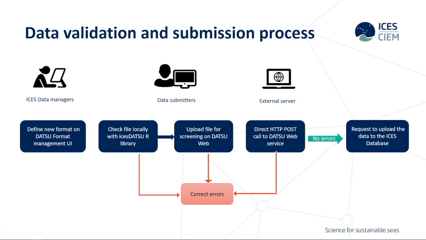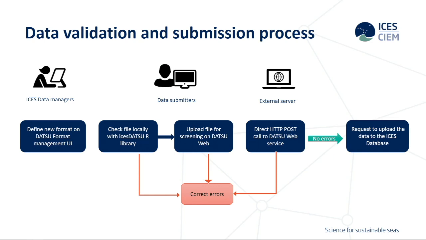Here you can see a simplified version of the data validation and submission process using DATSU. As a preliminary step, the ICES data managers need to define a new format using the UI. After this is done, the data submitters have multiple options for submitting their data for screening. First of all, as said before, they can check their file locally for a partial screening using the R library.